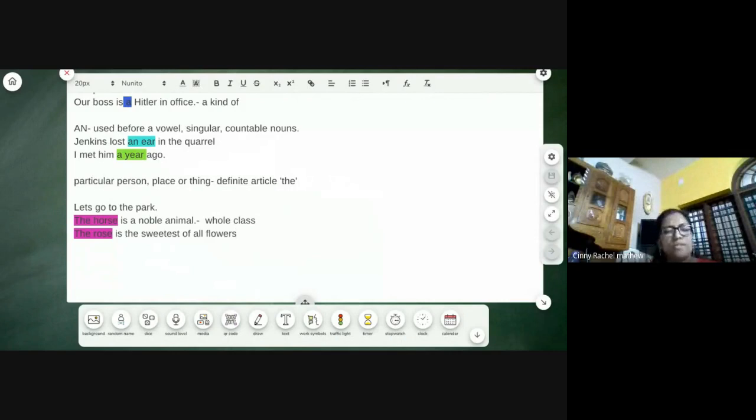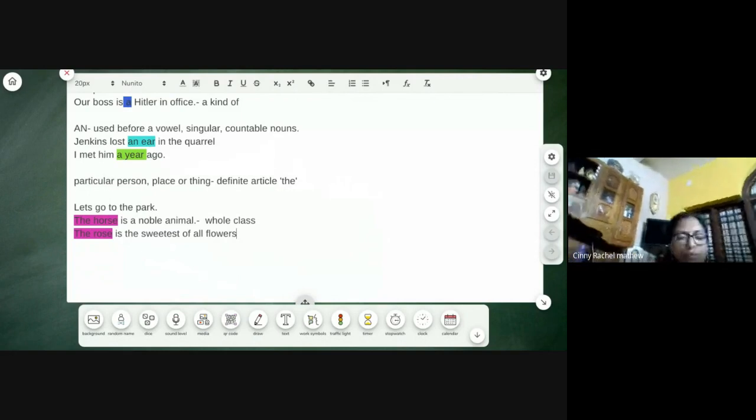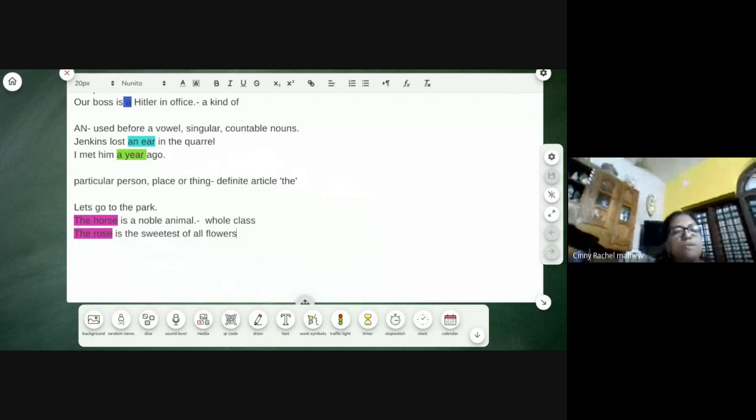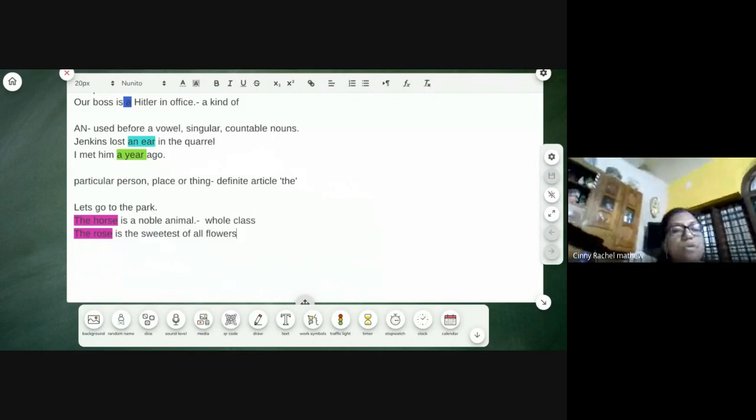Anyway, all the roses of all types are included within this phrase, the rose. So I hope that is clear too, this other function of the.